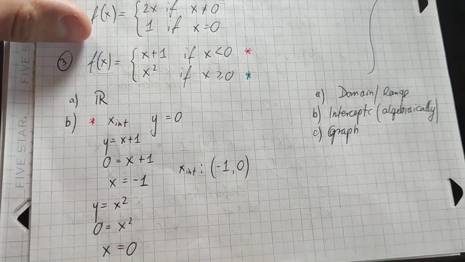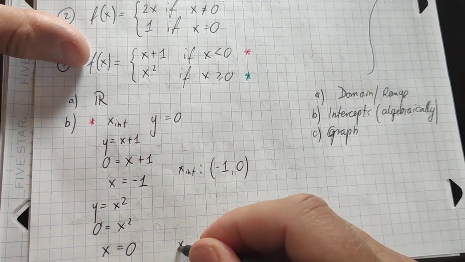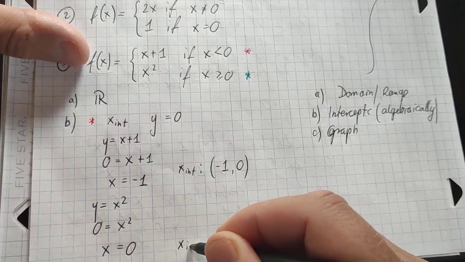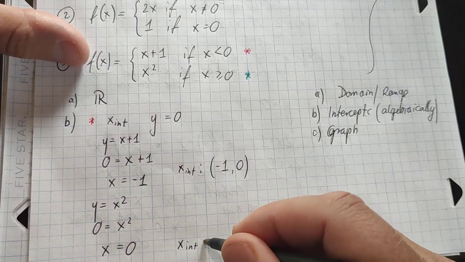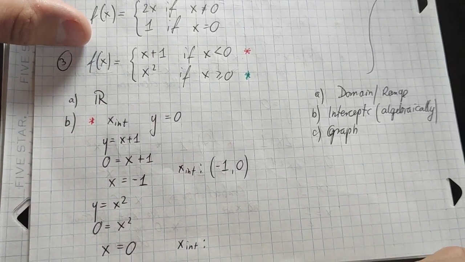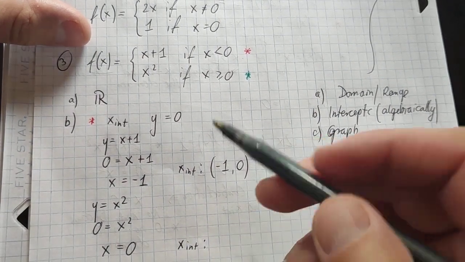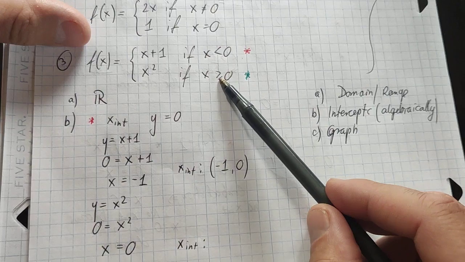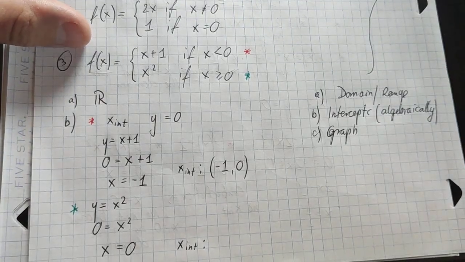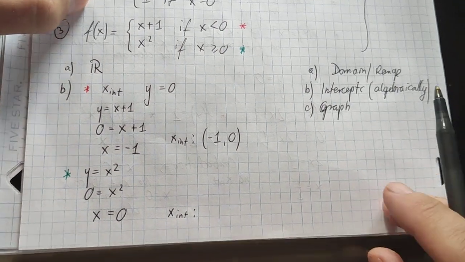And again, this looks like a perfectly fine x-intercept. And it's going to be 0, 0, right? So for x equals 0, y is 0, and 0 works for this function, because I'm talking about the green one, and this function is defined for 0.